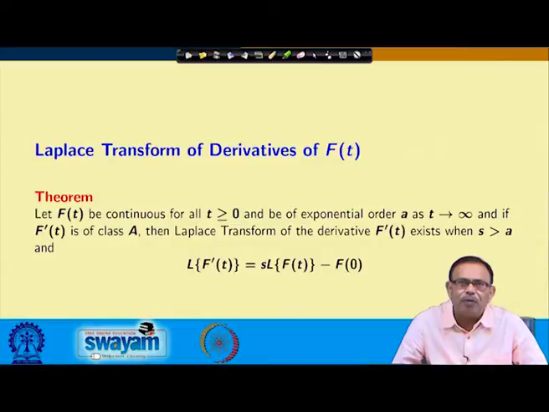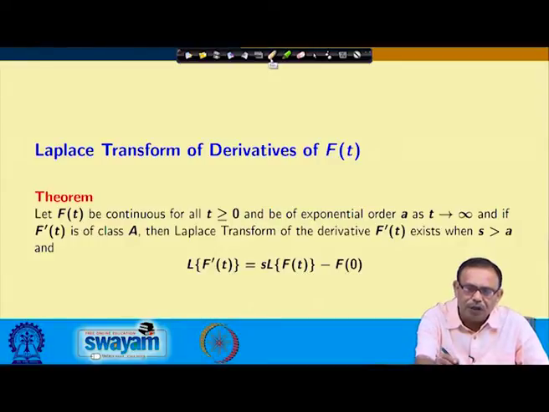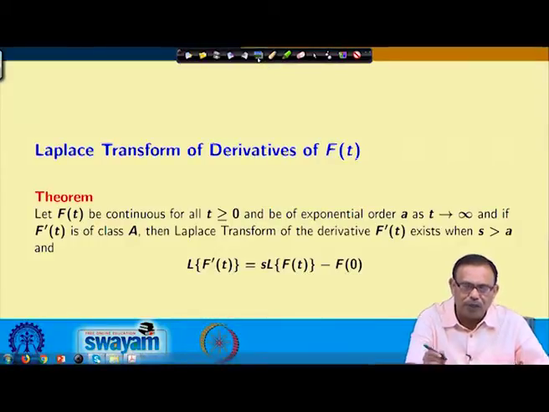Then the Laplace transform of the derivative f dash t exists when s is greater than a, and the Laplace transform of f dash t equals s into the Laplace transform of f(t) minus f(0). So please note the Laplace transform of the derivative of a function equals s times the Laplace transform of f(t) minus f(0). Let us see the proof of this one.